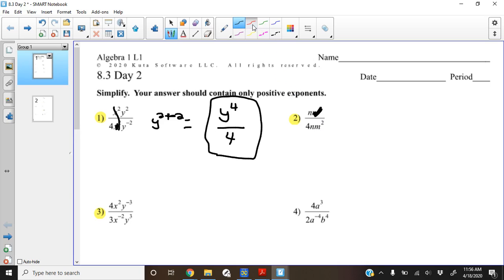Well, now I recognize that I have n divided by n, and what's anything divided by itself again? 1. So now that's also gone. So there's nothing in the numerator left but 1 times 1, right? So there's still 1 in the numerator divided by 4m squared. And that's your final answer.